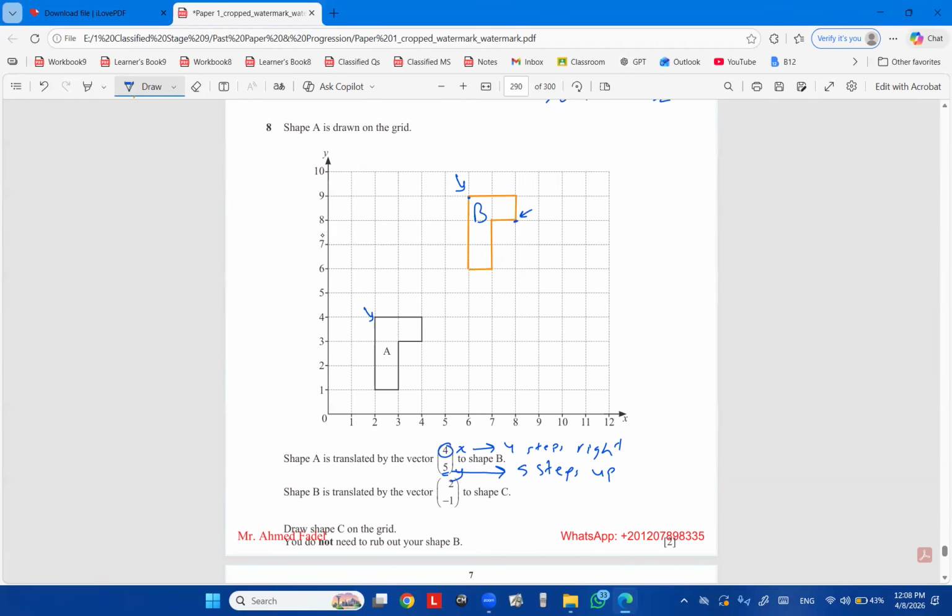And I'm going to draw the same shape exactly. Go down 3 squares, right 2 squares, down 1. Then here you got 1, 2. That's it. So this is shape C.